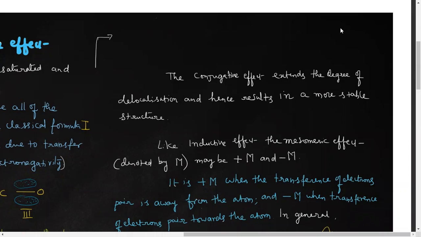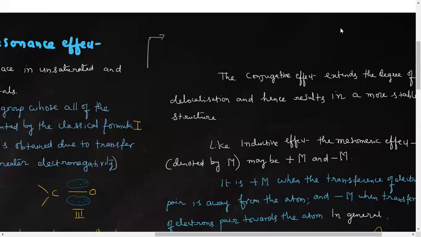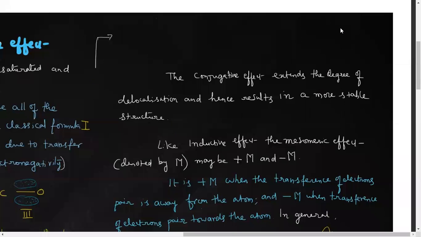So what is the actual consequence of the conjugative effect? How does it help the molecule in an organic compound? It will extend the degree of delocalization, and hence it results in a more stable structure.